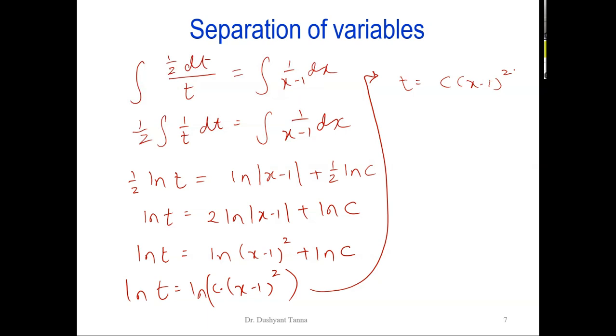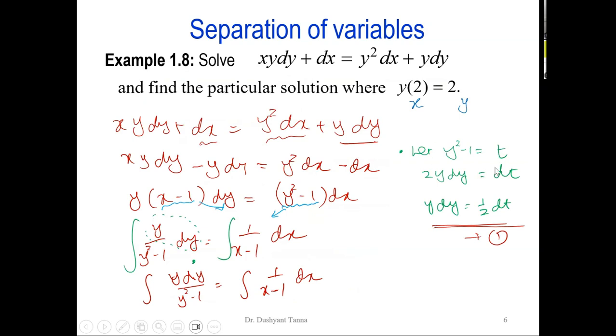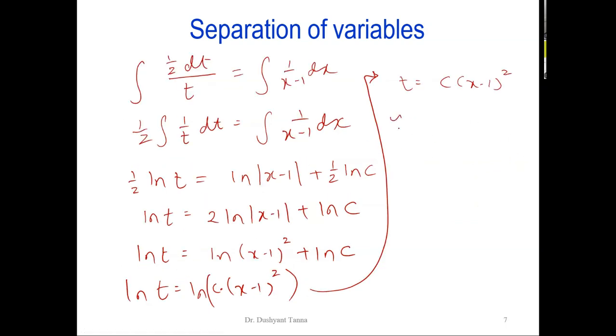That was not a part of the question. Anything that you borrow should be given back. It's like borrowing money from someone. You should return it, right? So t was a better variable. Please remember to put it back. What was our t? y square minus 1 was our t. Okay. And therefore, y square minus 1 was c x minus 1 square.